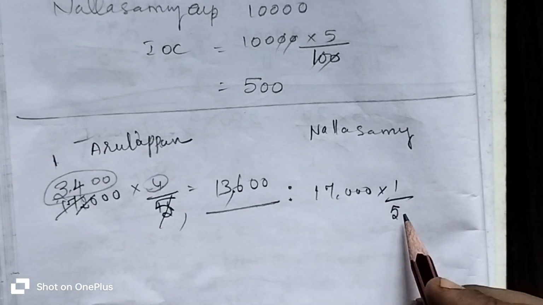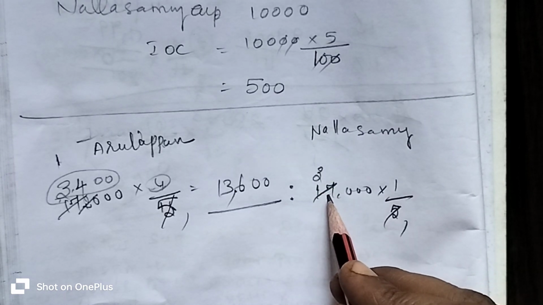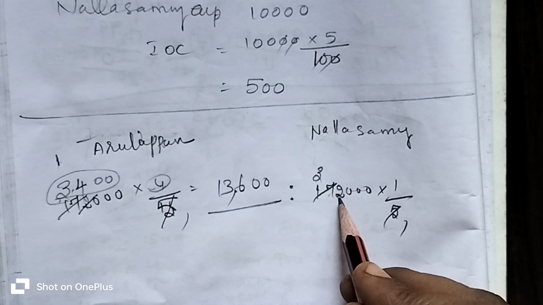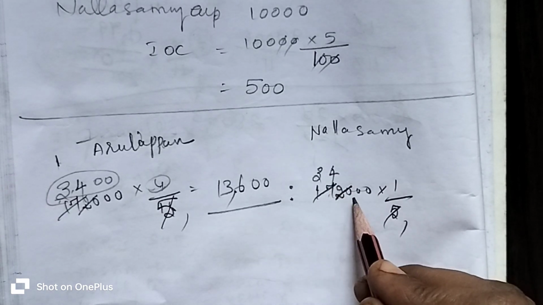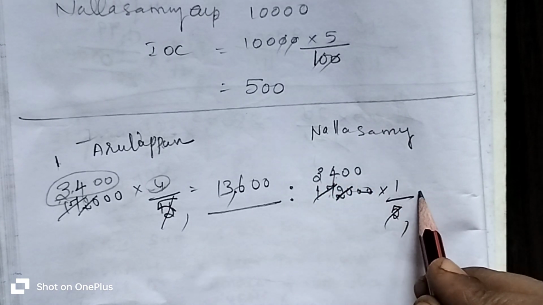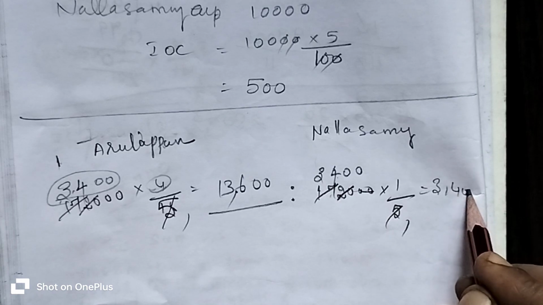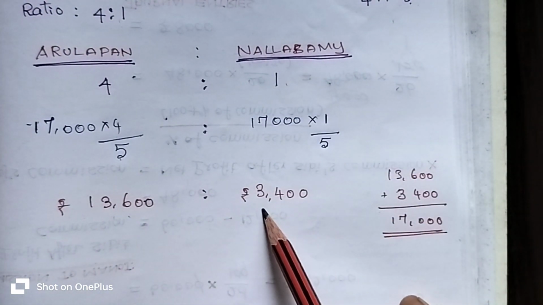And Nallaswamy's profit as per the ratio. So listen, 1 5 is 5, 3 5s are 15, remaining 17 minus 15, remaining 2, right? So 20. 4 5s are 20, this 20 is to be added here. 3,400 into 1 is 3,400 rupees. So Nallaswamy's profit as per the ratio of 1 is 3,400.